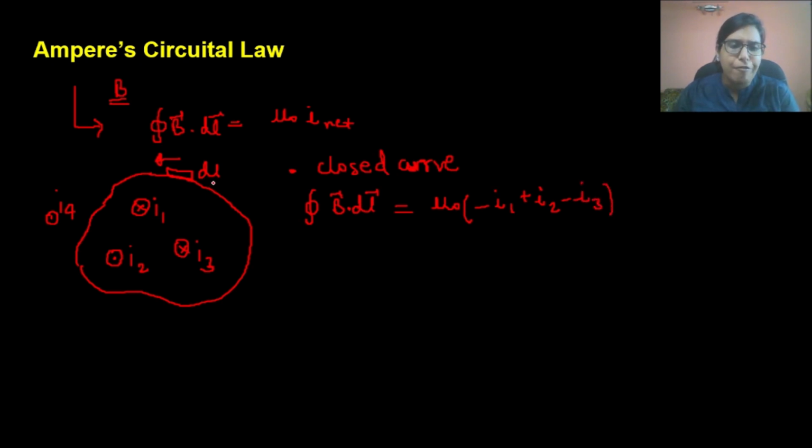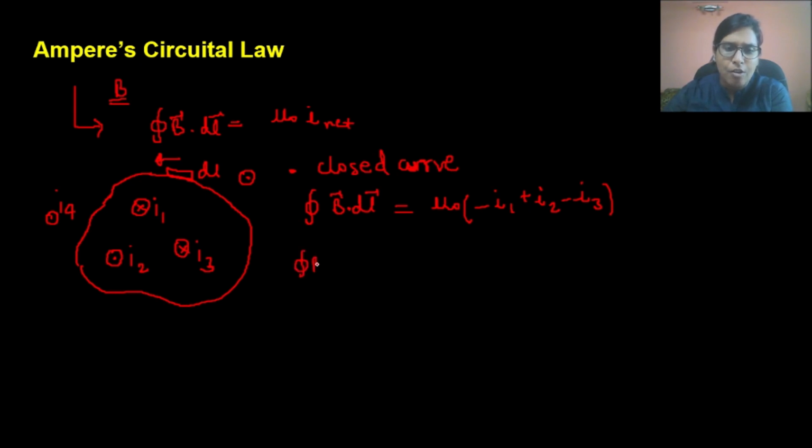So if we curl our fingers in the direction of dl, then the thumb will represent the positive direction of the current. So currents which are flowing in this direction will be written as positive and opposite currents will be written as negative.